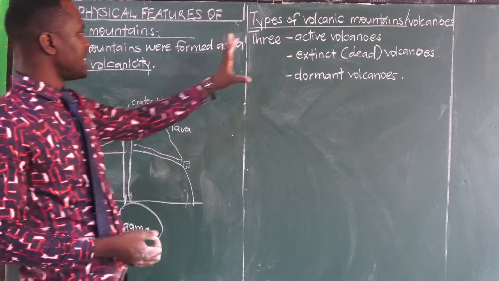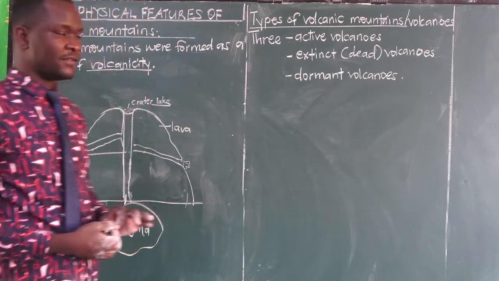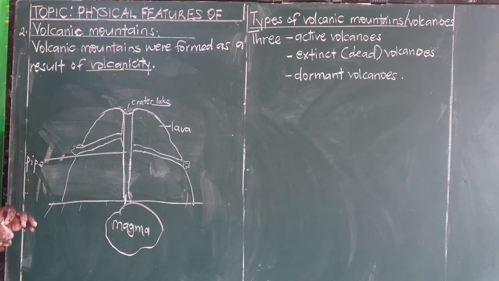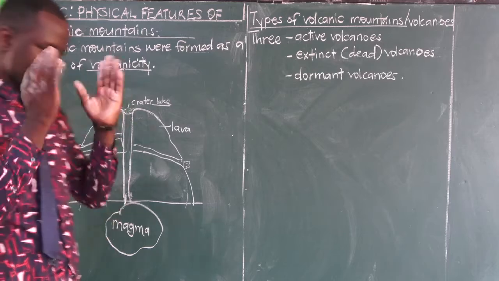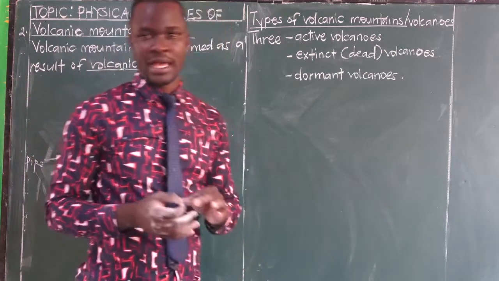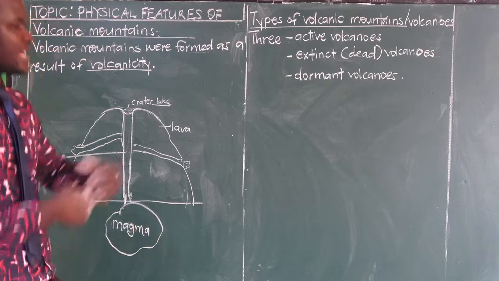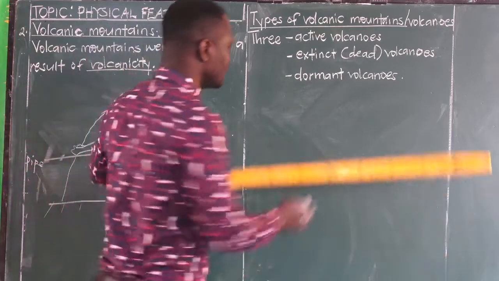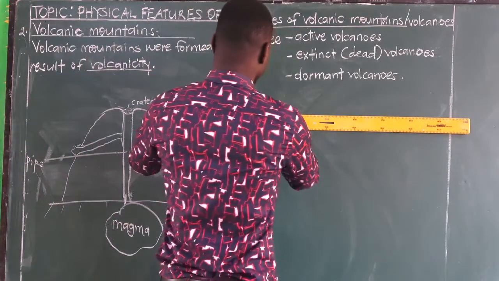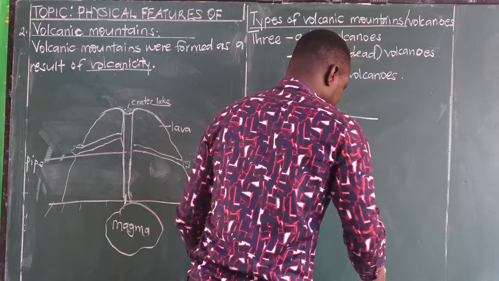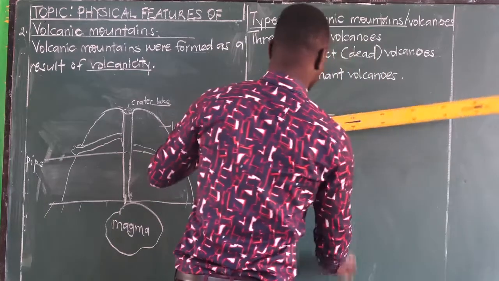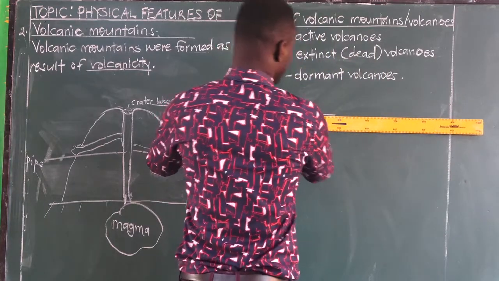Now, having understood these three types of volcanic mountains, because you can also be asked, remember I told you the types are different from the examples. Now, we are going to look at which are these examples of volcanic mountains that we have in Uganda.